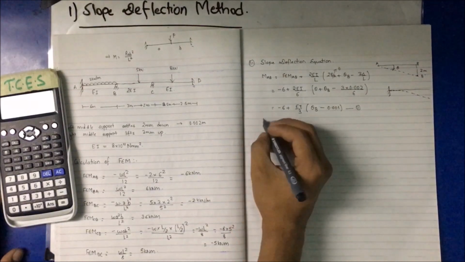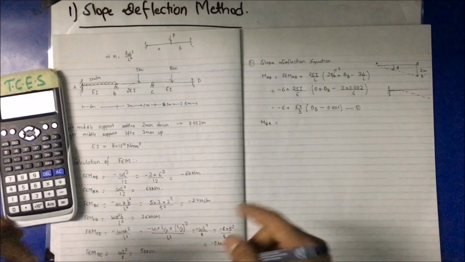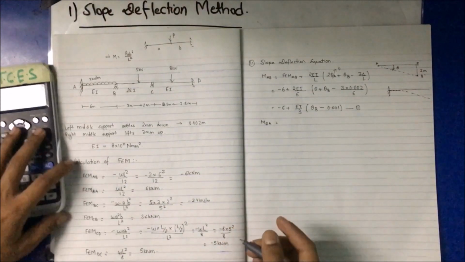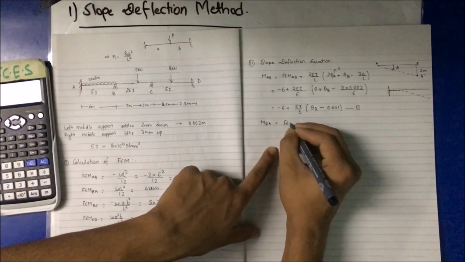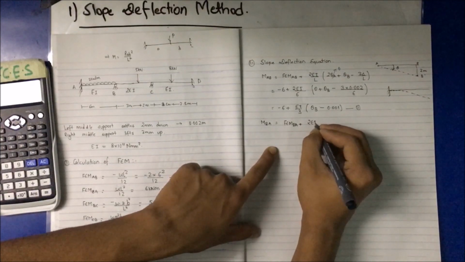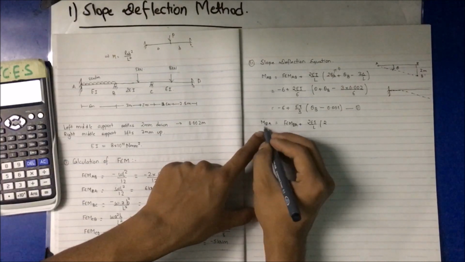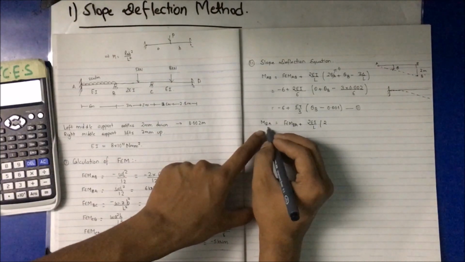Now for BA, just make a trick, okay, you can work on it. Fixed end moment for BA plus 2EI by L, always put twice for the precedence in this term.